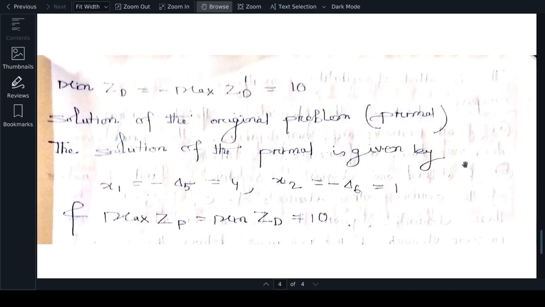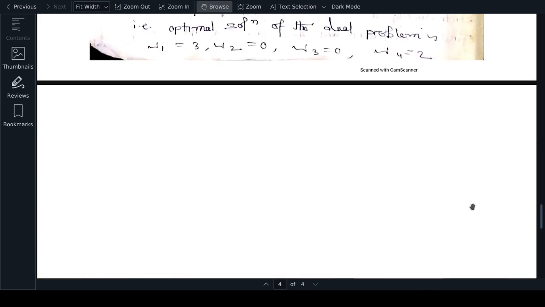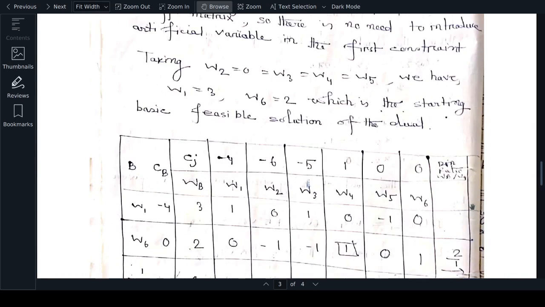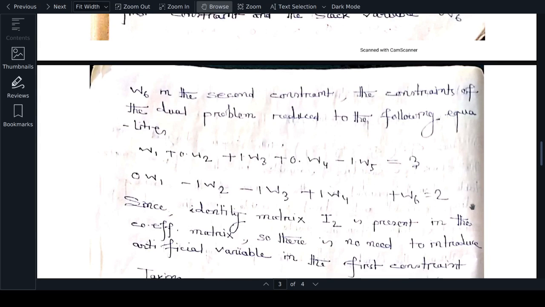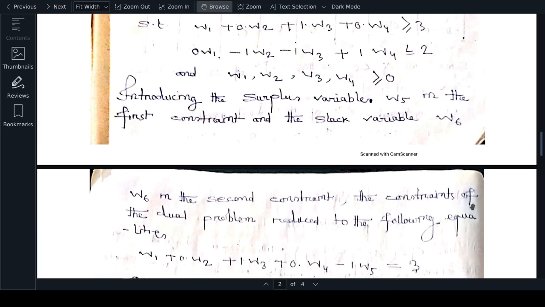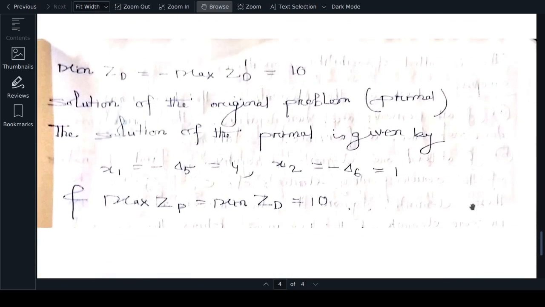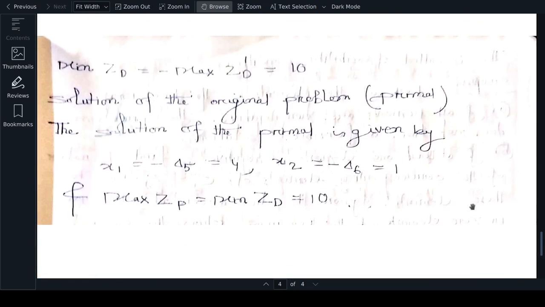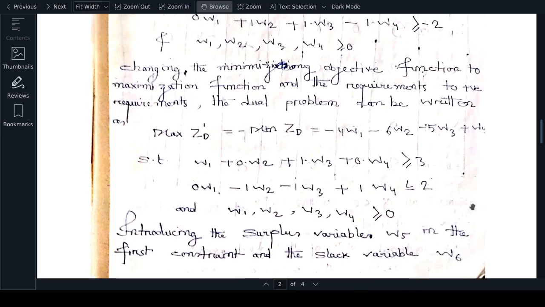So we write minus delta 5. This is the formula. W5 is our surplus variable, so this is minus delta 5, so minus minus plus 4, and x2 will be minus delta 6. This is our minus 1, so minus minus plus. So you see point number 2, second page, point number 2. You can see how to read delta J.